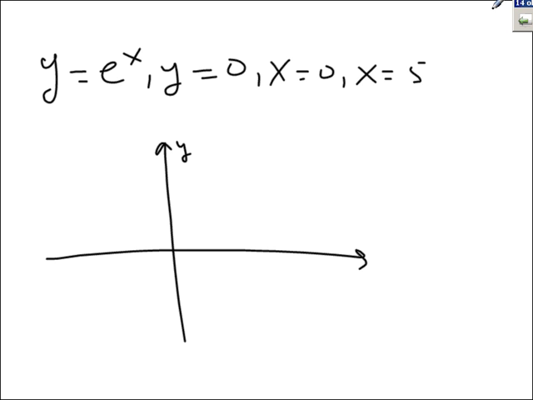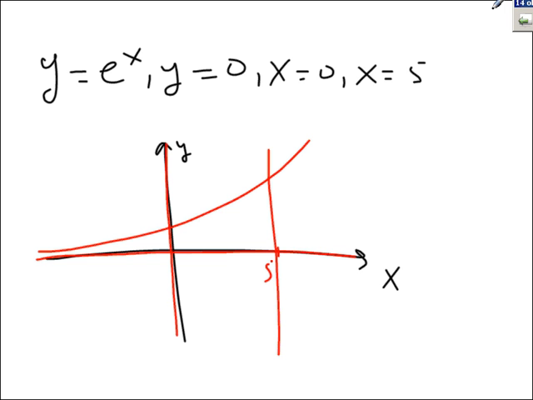We just set up the integral. y equals 0 happens to be the x-axis itself. x equals 0 happens to be the y-axis. x equals 5 happens to be this line here. And e to the x happens to be this.